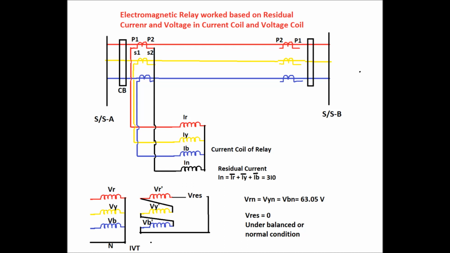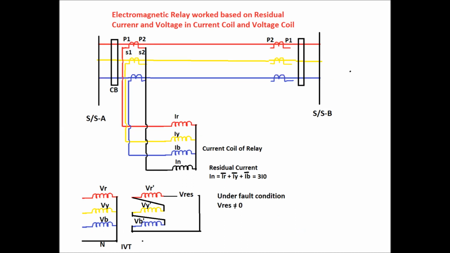Here the residual voltage is nothing but the sum of the three phase voltages, that is VR dash, VY dash and VB dash, and the IVT ratio is 1:1. That is, if 63.05 volt is present under normal condition in the red phase, then the VR dash voltage shall be 63.05 volt. So under normal condition, the residual voltage or open delta voltage is 0.